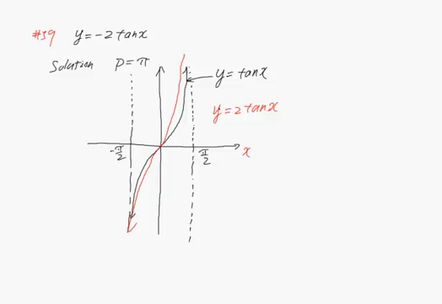So you reflect this red graph about the x-axis, then you get the graph like this. This blue one is the graph of y equal to negative 2 times tangent x.